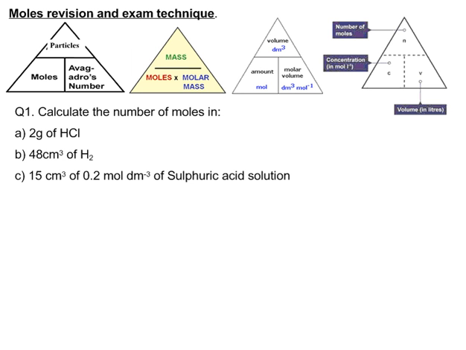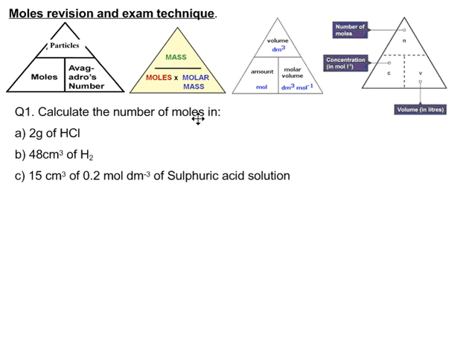Okay, so let's have a look at this example question. We need to calculate the number of moles in these different amounts of chemicals. When you're answering a question like this, the first thing you need to do is decide which equation you're going to use. And the only way you can do that is by looking at what information is given in the question.